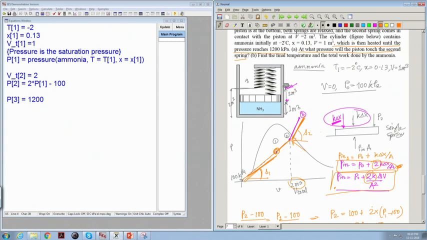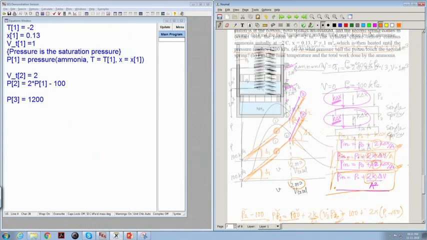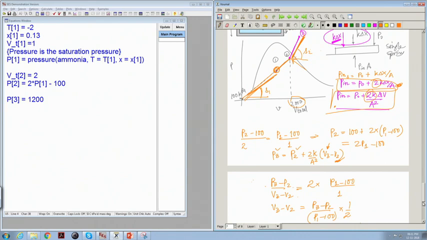Alternately, the mass is only known, so the specific volume cannot be used. So this is the way you have to find V3.